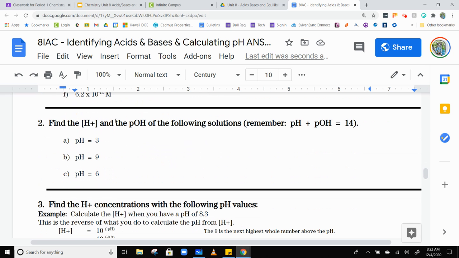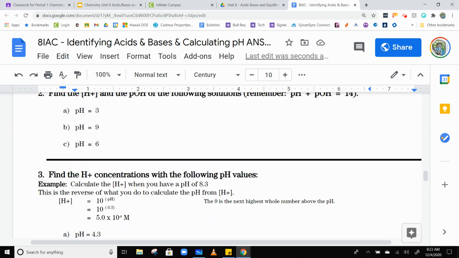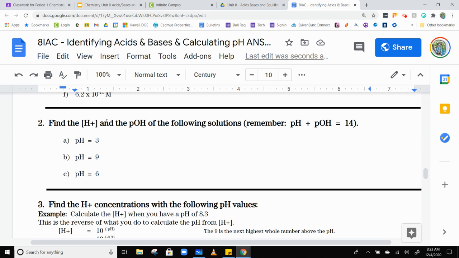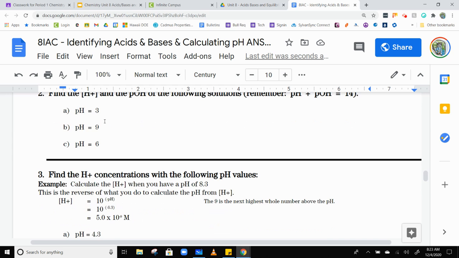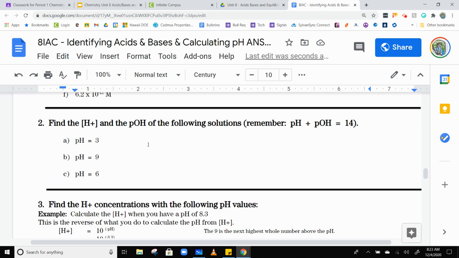Then here, if you want to find the H plus and the pOH of the following solutions using this. Oh, I forgot to put an example here. They tell you to use this one right here. This is an example for finding the H plus concentration.